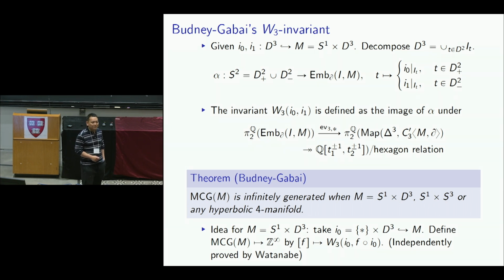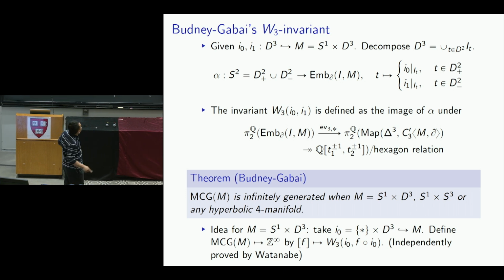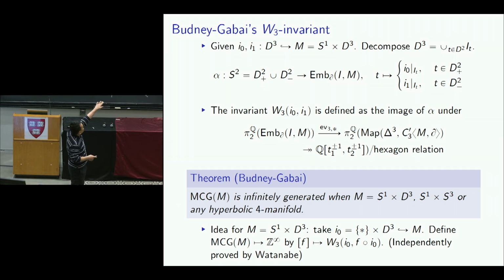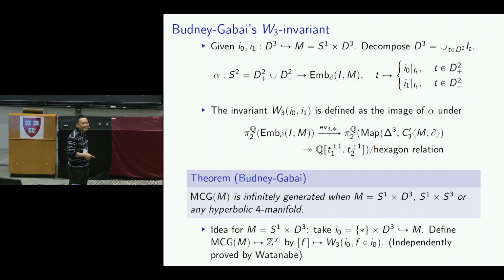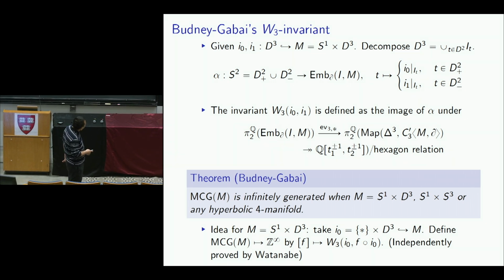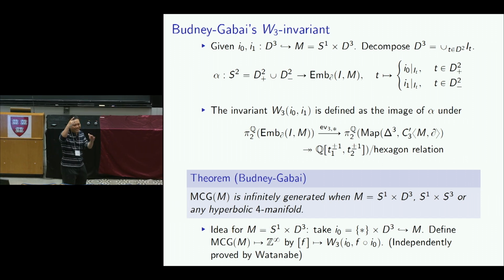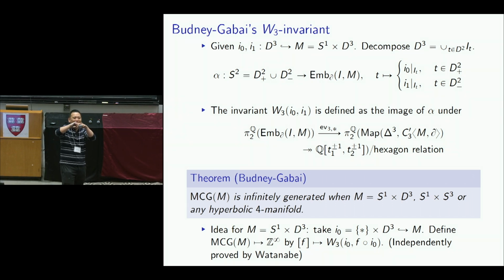It might not be injective, right? Yes, so here actually the invariant can be defined, as you mentioned, for immersed three-dimensional disks like that. But if you have an immersion, then it depends on the direction of the decomposition, because you want to avoid the double point being in the same arc.